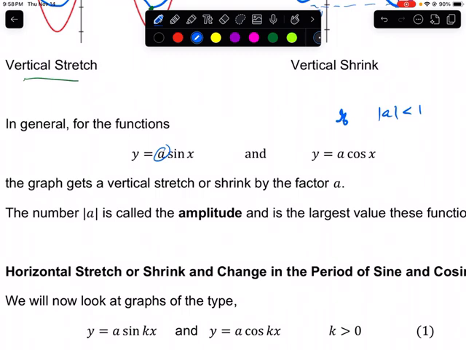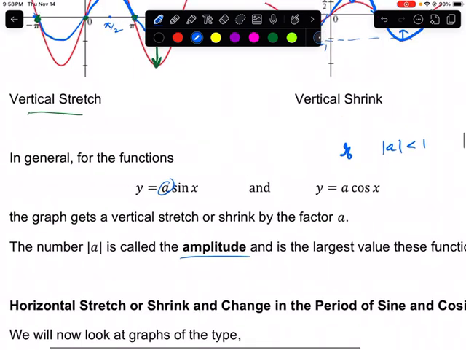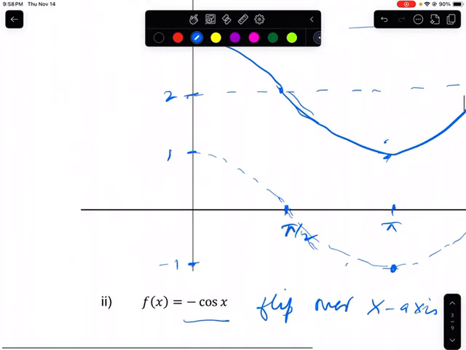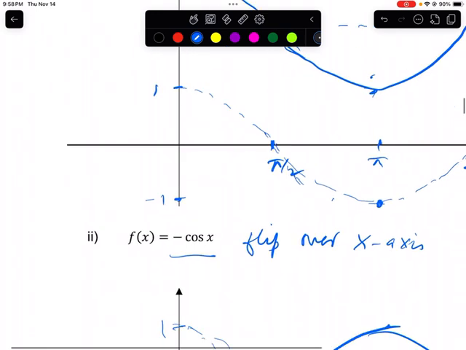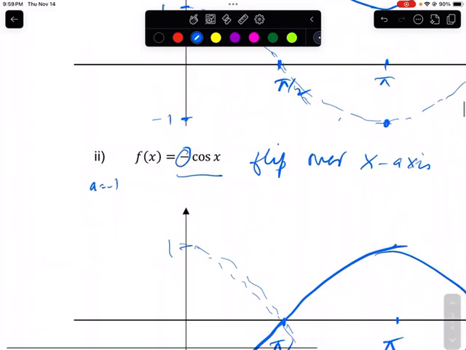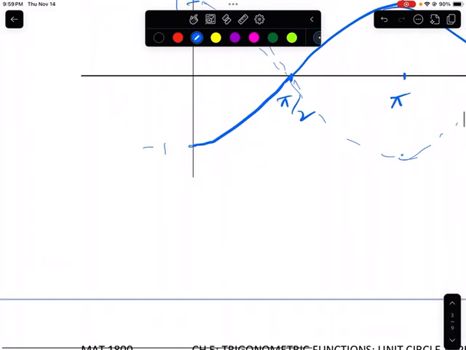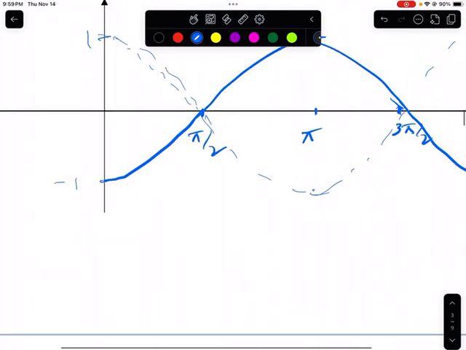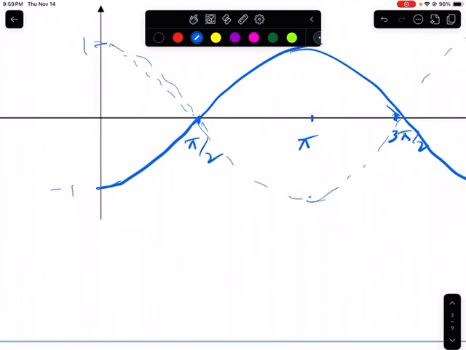Okay? The absolute value, because you can have, as we saw previously, we graphed negative cosine of x. So what is a here? A is -1. So -1 did not give any change in the distance from the x-axis.